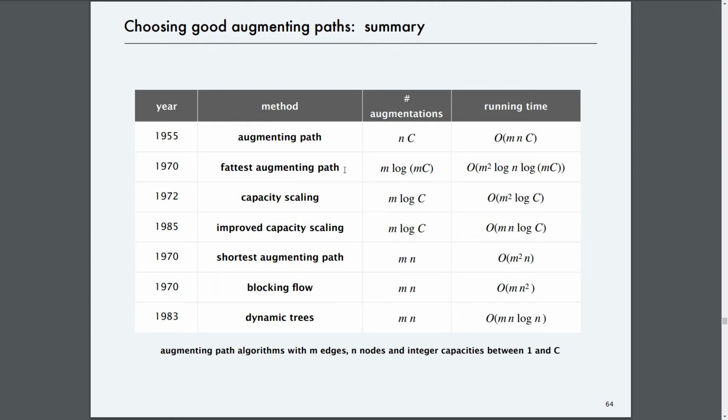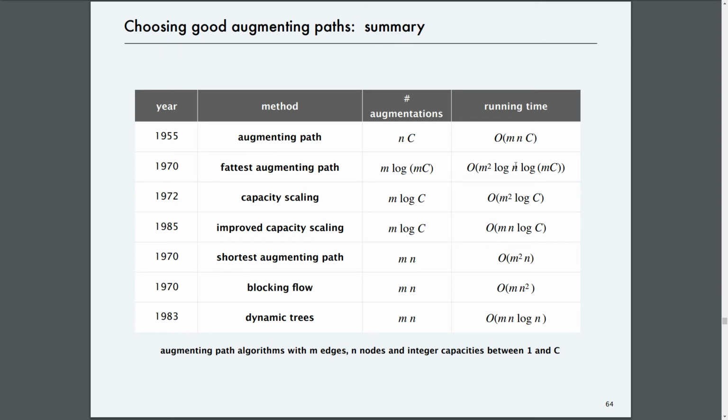We didn't look at this in detail, but then we have the capacity scaling algorithm, the one we did look at, where we reduced the delta parameter by a factor of 2 at each step. There is an improved version of this, which changes an m here into an n, so it's a bit better. The shortest augmenting path gives us an even better time complexity, and it's simple to implement.